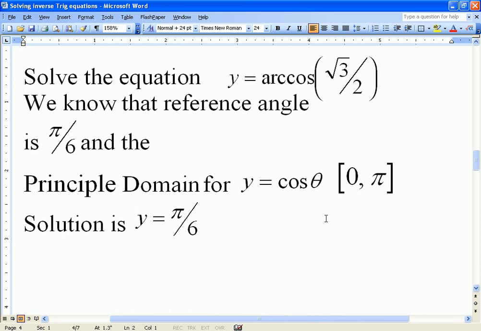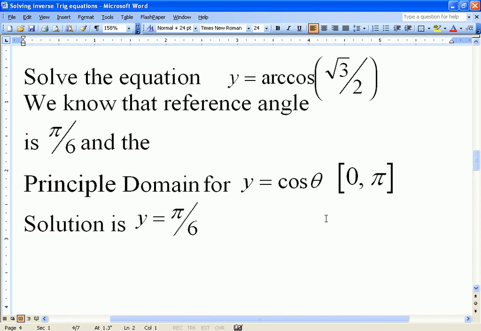Solving the equation y equals arc cosine root 3 over 2, we would look at the unit circle and see that the reference angle for cosine is pi over 6. The principal domain for the cosine is between 0 and pi, the first or the second quadrant.